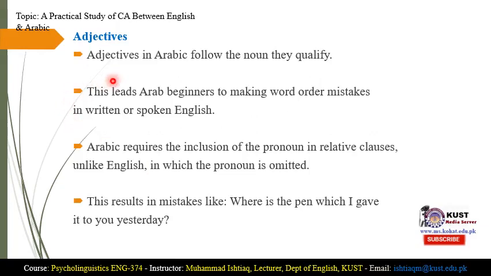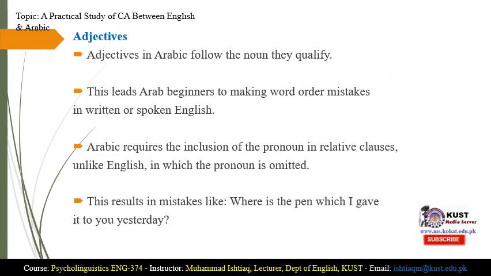As far as adjectives are concerned, adjectives in Arabic follow the noun they qualify. The general pattern in English is that the adjective precedes the noun it qualifies, whereas in Arabic they follow.